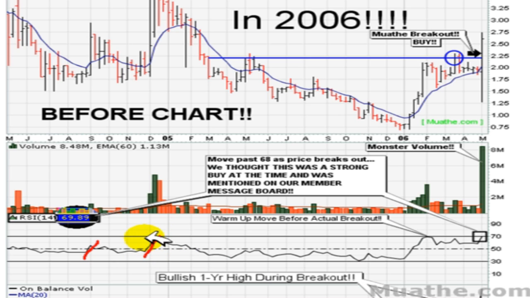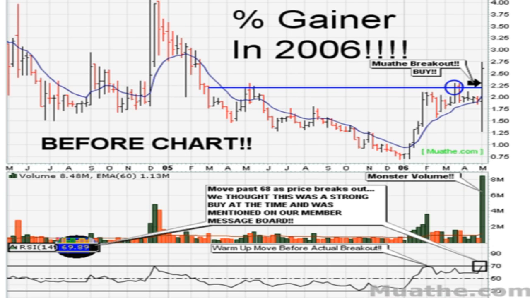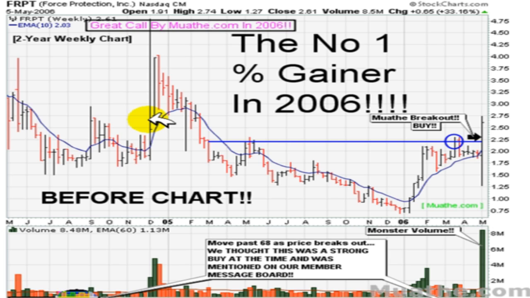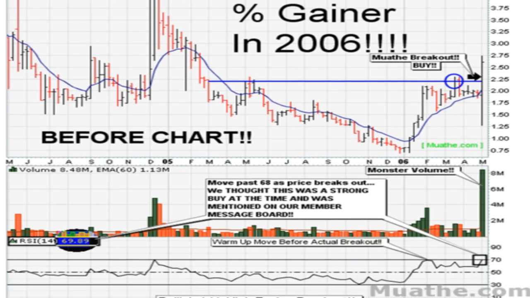And notice at that point here, it did pierce the 68 level slightly on a sharp angle, and you see the stock actually, even though it didn't move much at the time, moved from around 270 to around 475. That's a big move in a week, just based on that little observation.